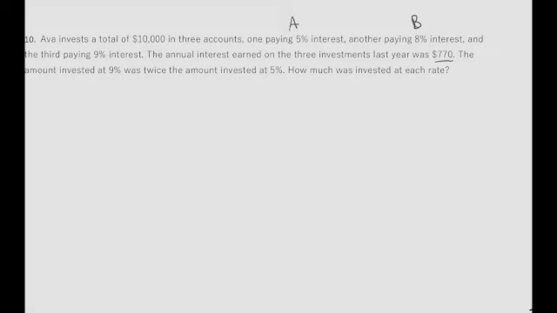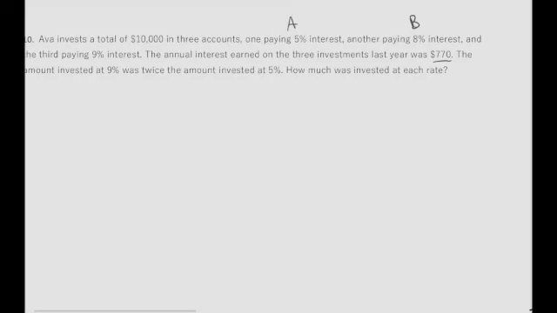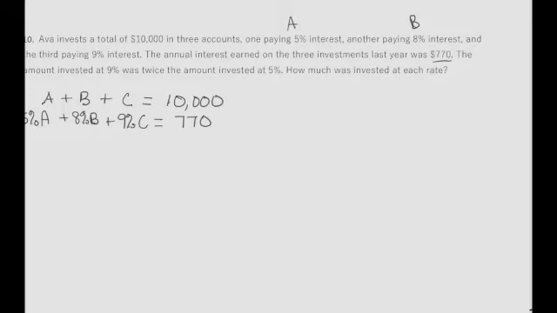So whatever was put in A, B, and C equals $10,000. I'll put the rates in as percents and then we'll change them. 5% of the A amount plus 8% of the B amount plus 9% of the C amount got us a total of $770.